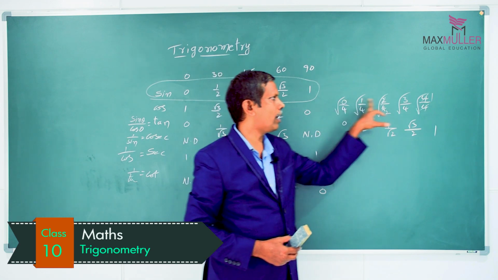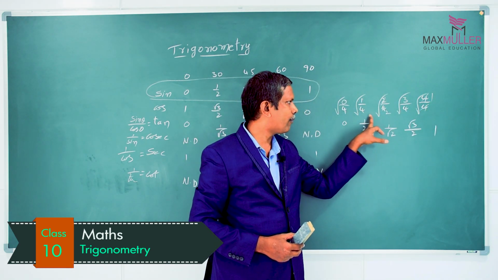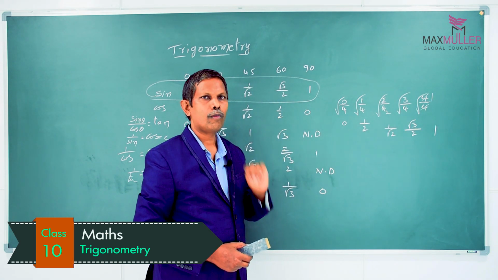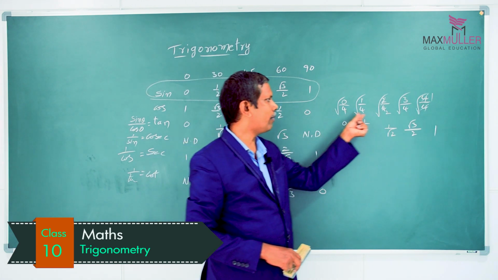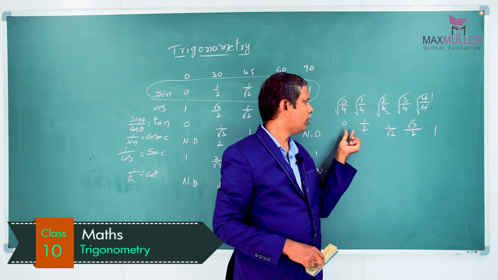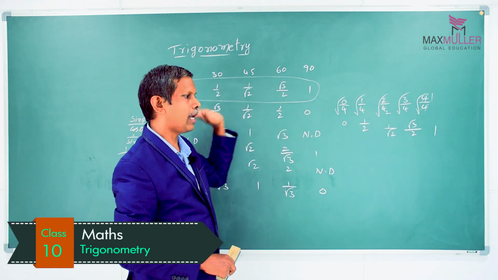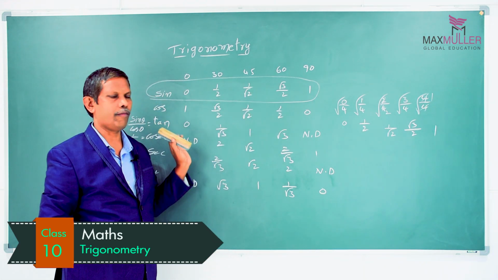Here I am writing whole numbers, 5 whole numbers, dividing by 4. Why are we dividing by 4? In the coordinate system we have 4 quadrants. That is the reason we divide by 4. So you will get the values. These values are nothing but the sine values. After that cos, you can write from 90 onwards.